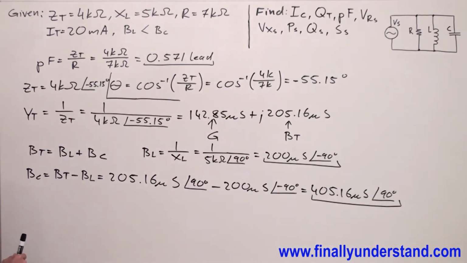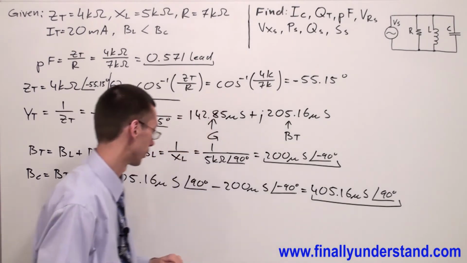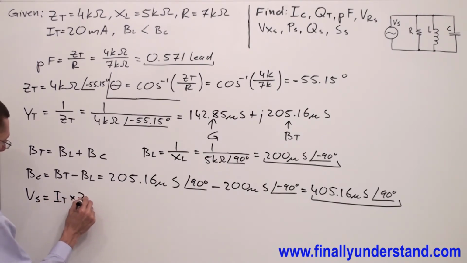So I have BC. Next, in order to find the current which goes through the capacitor, I'm going to find the voltage source. Okay, because this is a parallel circuit. I'm going to use Ohm's law. So voltage source is equal to I total times Z total.